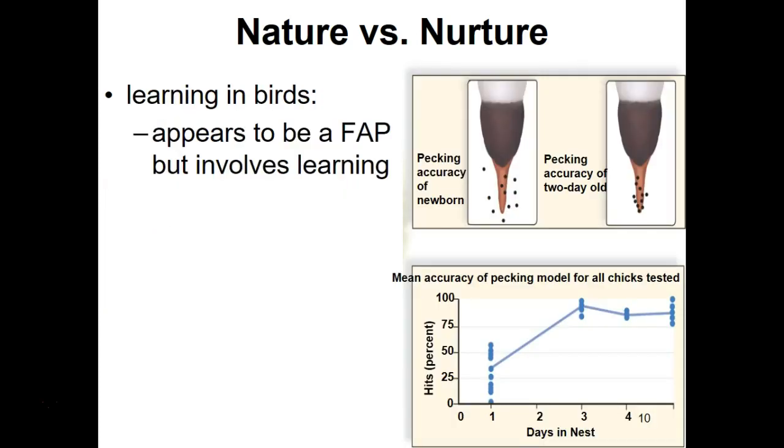And so here we have pecking. Pecking is an innate behavior, but initially when you are pecking, you're not going to be very good at getting whatever food you're pecking at. After a couple of days, you become very accurate and you can peck the same spot very effectively.